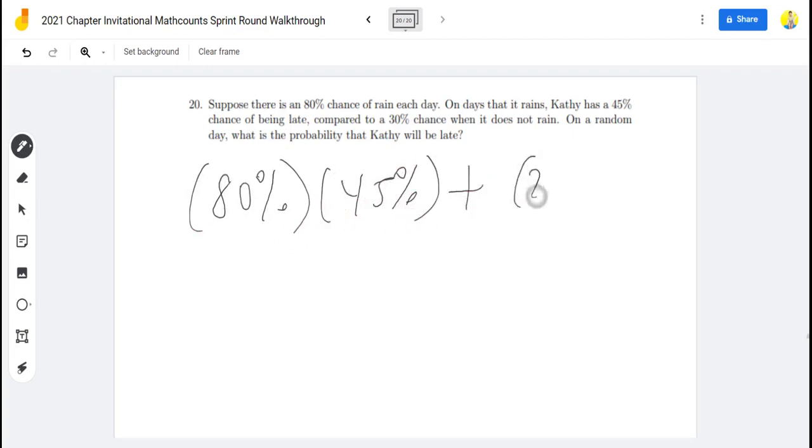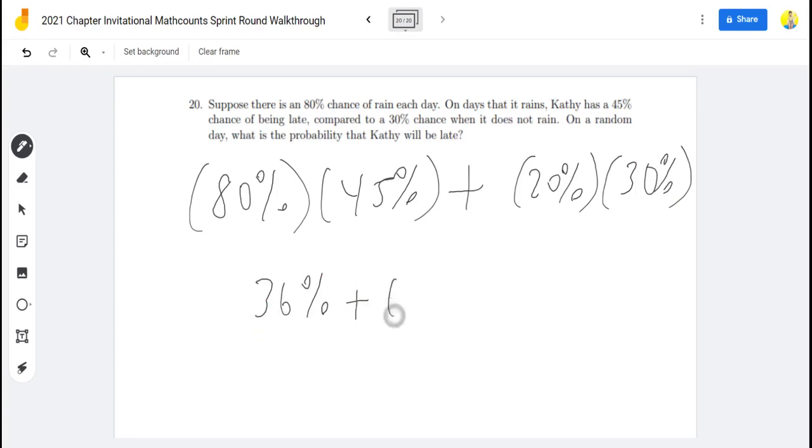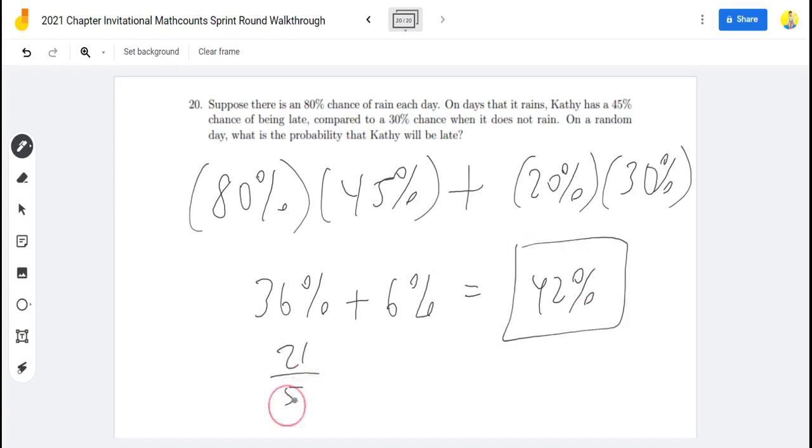And if it doesn't rain, there's a 20% chance it doesn't rain, and there's a 30% chance that she'll be late. So adding this together, we see that this is just 36% plus 6%, which is 42%. So the probability that Kathy will be late is 42%, which is also equal to 21 over 50. And 21 over 50, or 42%, is our final answer.